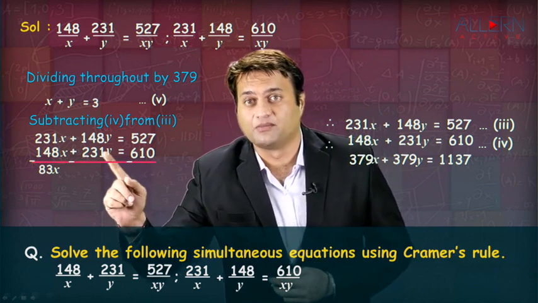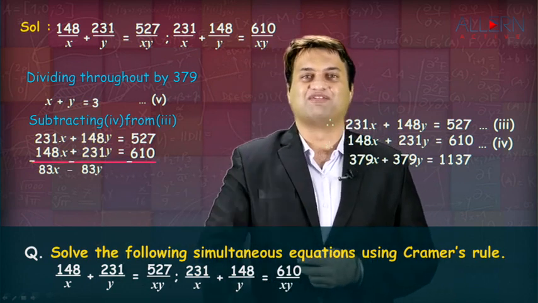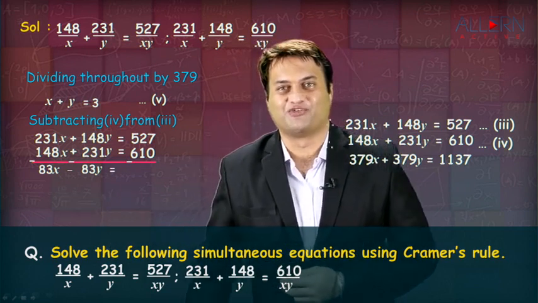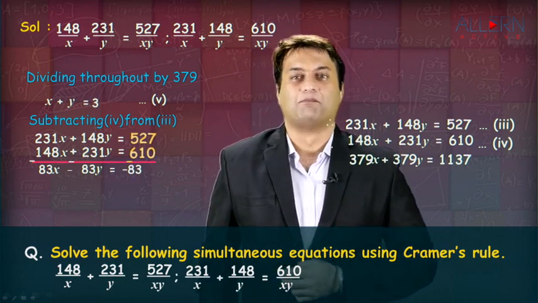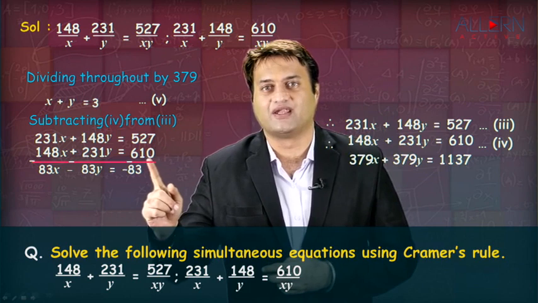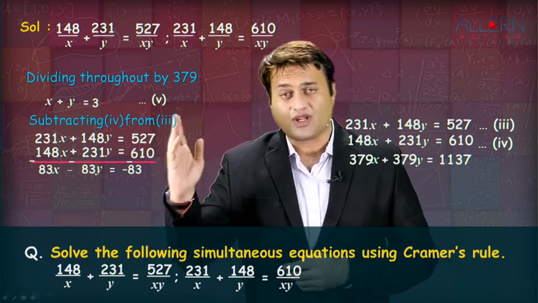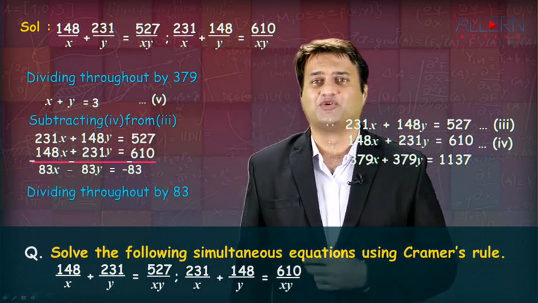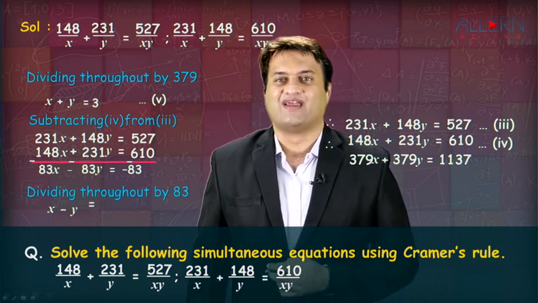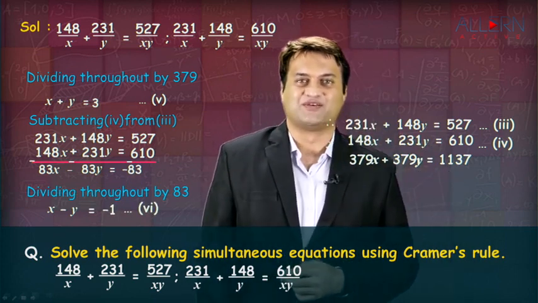Again, the bigger number is having the minus sign, so it will be minus 83y. Again, the coefficient of x same as the coefficient of y, and 527 minus 610 will be minus 83 because again 610, which is a bigger number, has got a minus sign, right? Let's divide throughout by 83. What we get is x minus y is equal to minus 1. Let this be equation number 6.